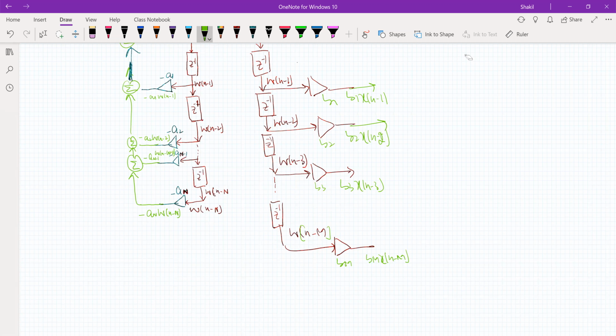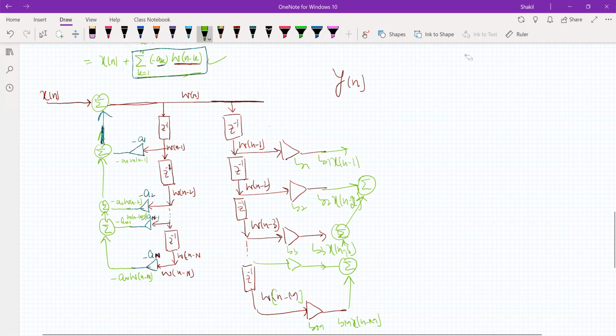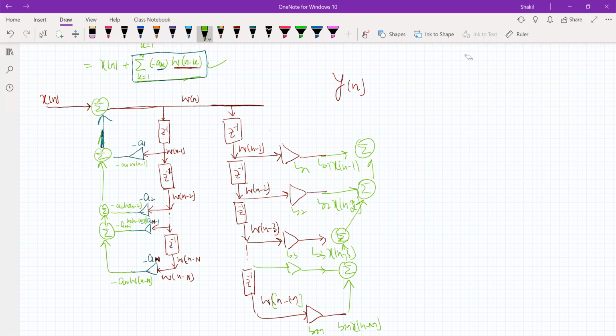So what we'll do next, we'll add these. So there we will have one output, we'll add it like this and this. Then we'll add this, so on with this. Then we'll add this to this, and we'll add this to this. This will give the term. Finally, we'll add the last term.